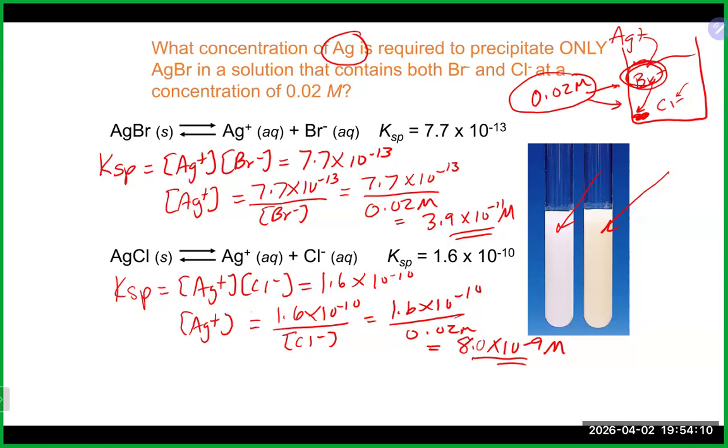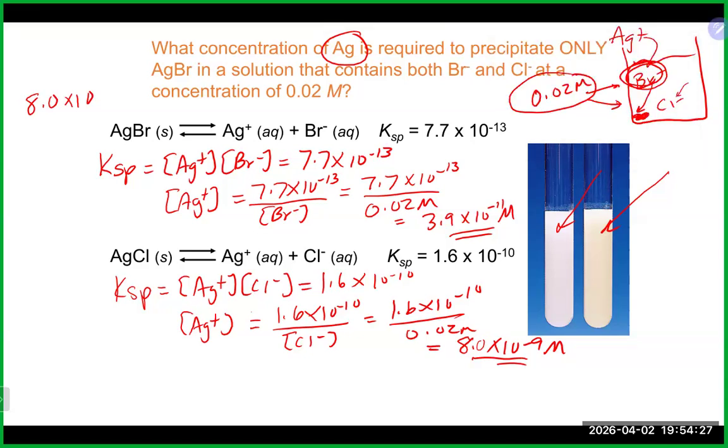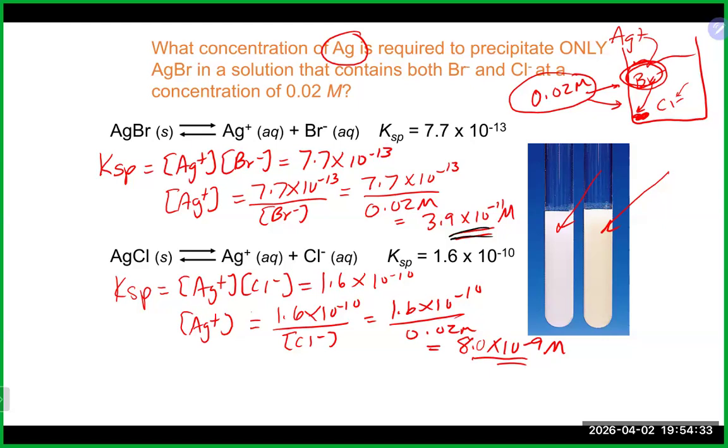So if you want to precipitate out in this particular experiment just the silver bromide, you need to have at least, 8 times 10, no, wrong number, 3.9 times 10 to the minus 11. There you go. You need to at least have our minimum amount for silver bromide, which is 3.9 times 10 to the minus 11 molar of silver.